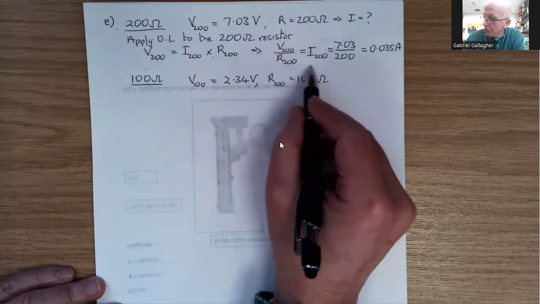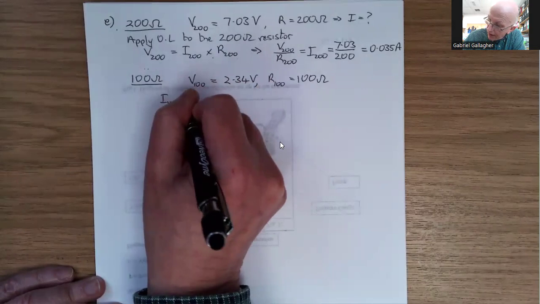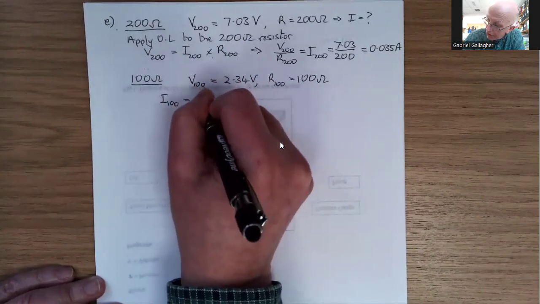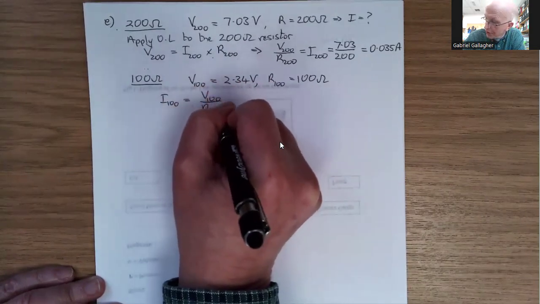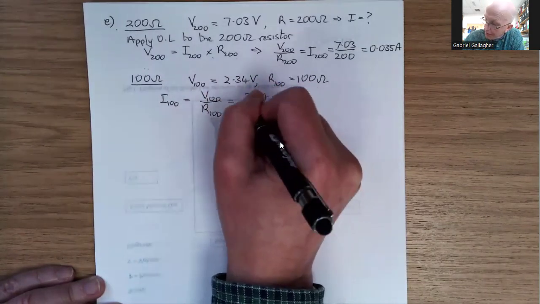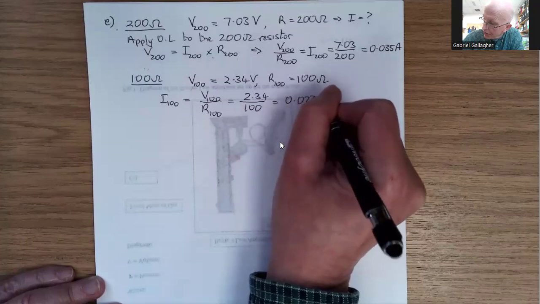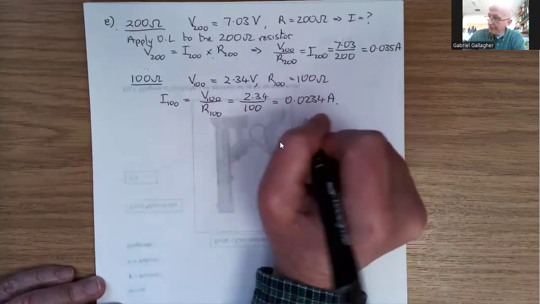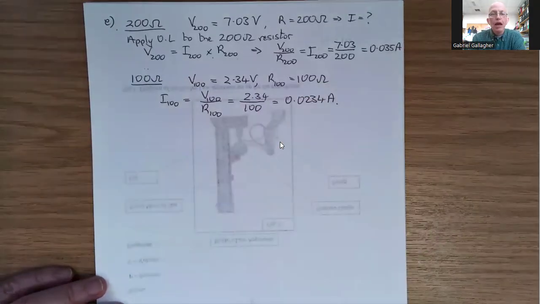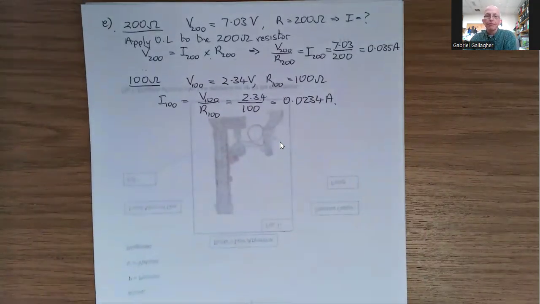We just use Ohm's law. So I100 equals V100 over R100. It's always V over R. That equals 2.34 divided by 100, which equals 0.0234 amps. Okay, and that's us finished with question E3.